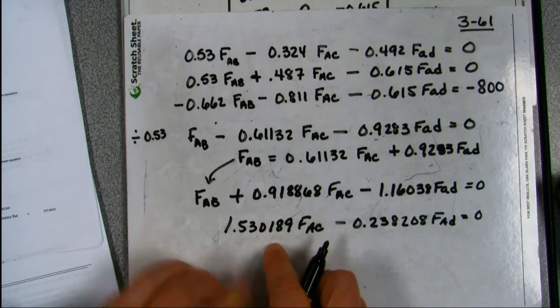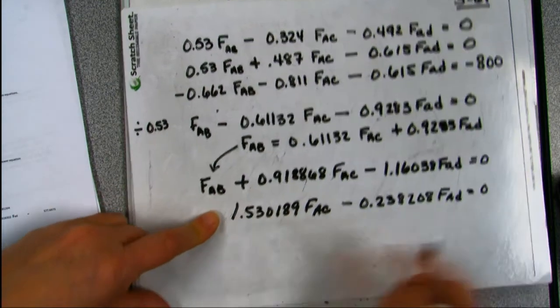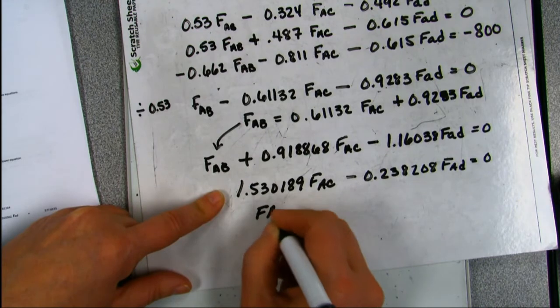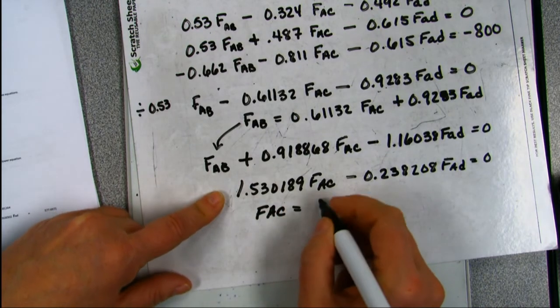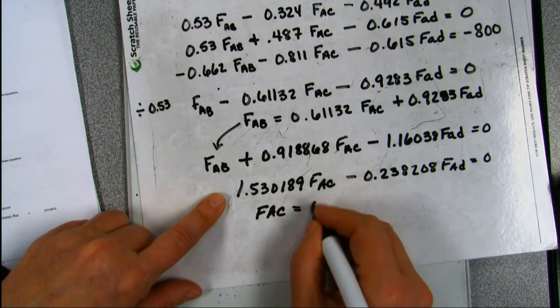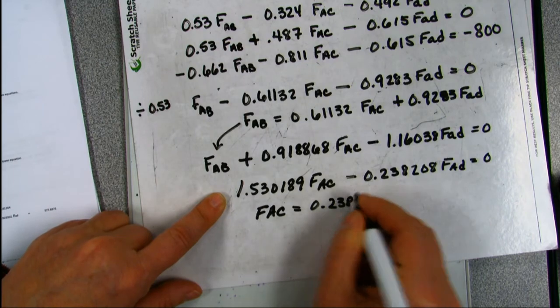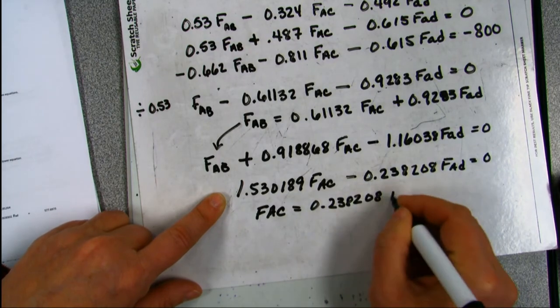I'm going to divide this by this 1.53 thing. Gives me FAC is equal to 0.238208 FAD.